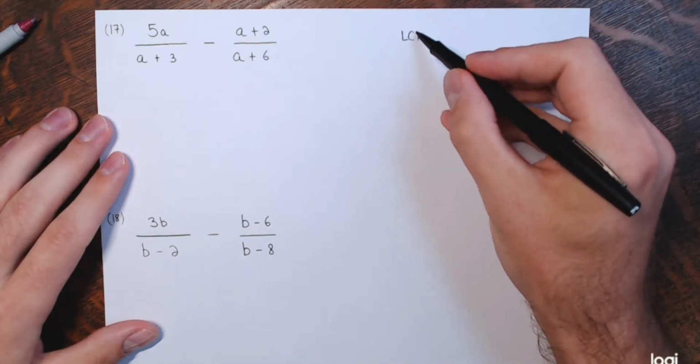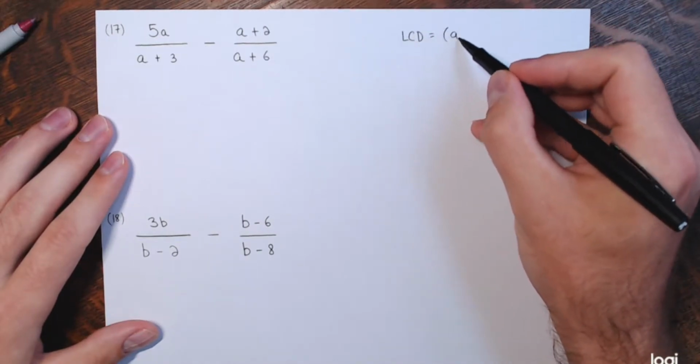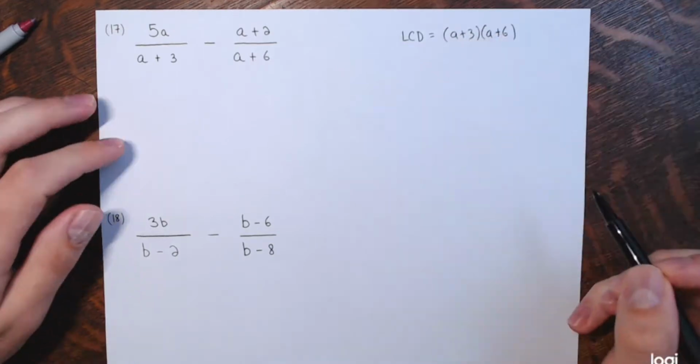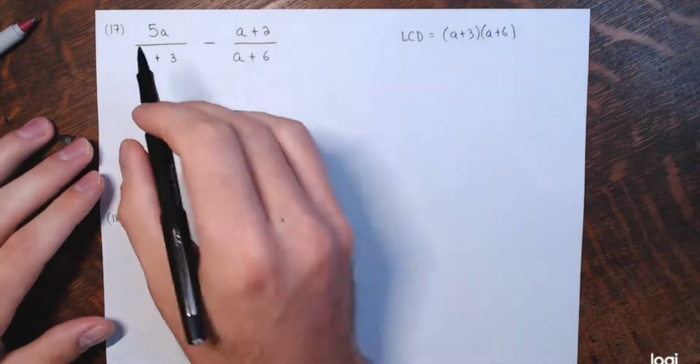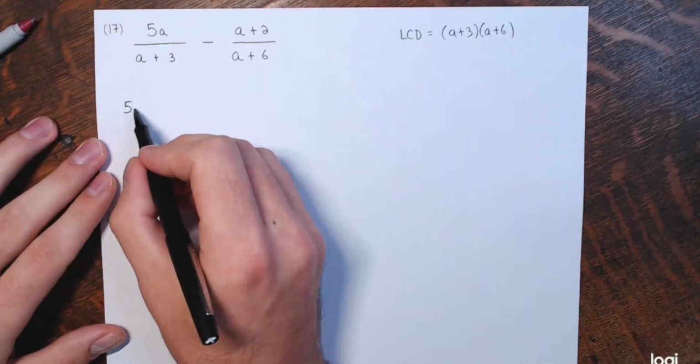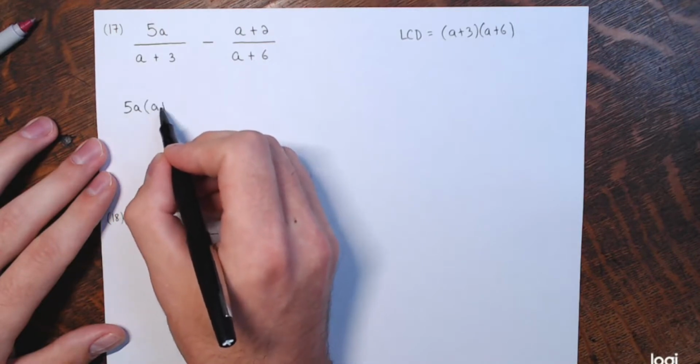The LCD would be a plus 3 times a plus 6. The first numerator would be 5a times the quantity a plus 6.